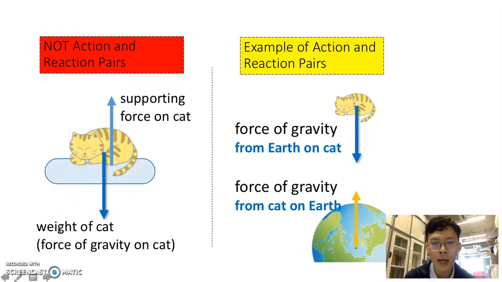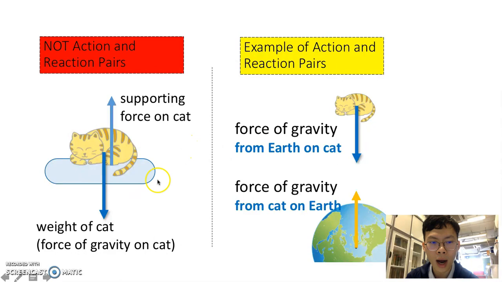Do you still recall that action and reaction pairs have to act on different objects, and they have to be the same kind of force? So how do we make this case have an action and reaction pair?